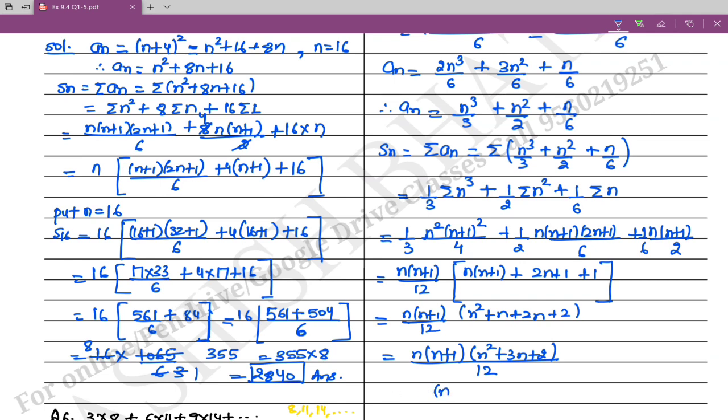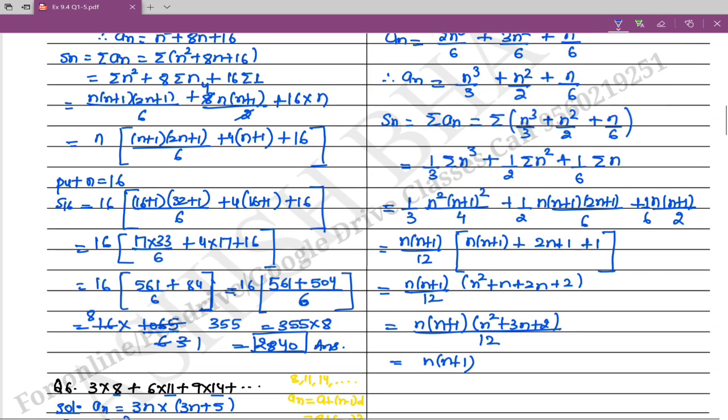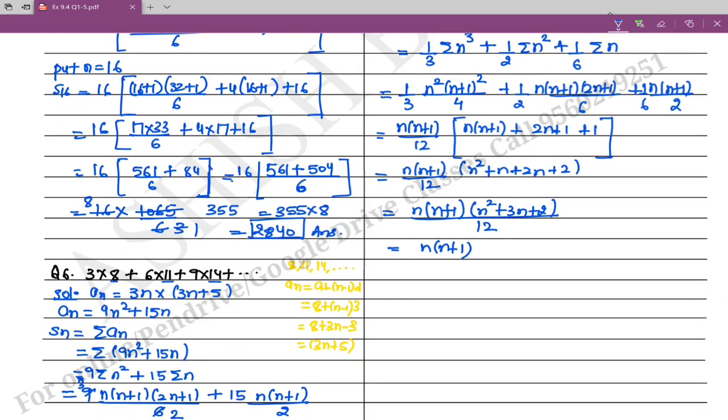I am directly factorizing it, though I am using the concept of splitting the middle term. So the factors would be n plus 1 into n plus 2 whole divided by 12. So the final answer is Sn is n into n plus 1 whole square into n plus 2 whole divided by 12. So this is our final answer for this question.